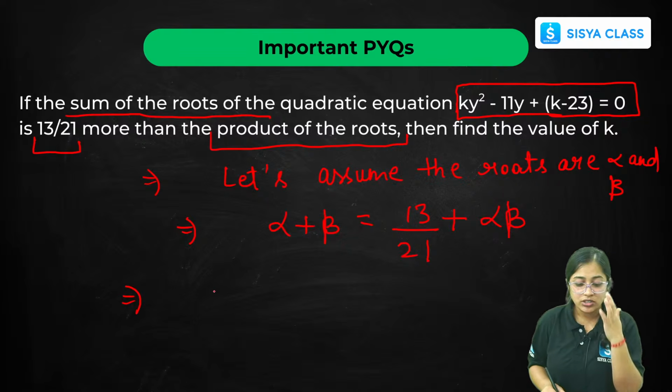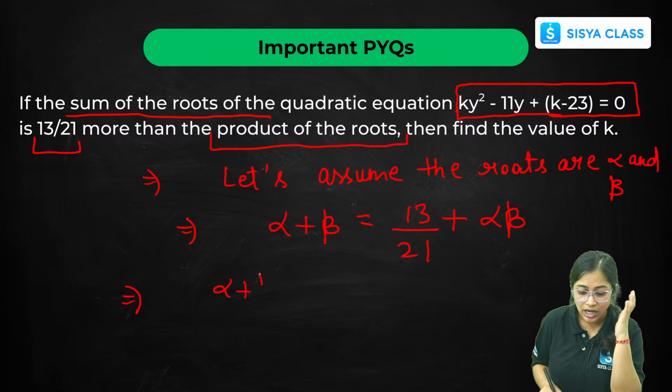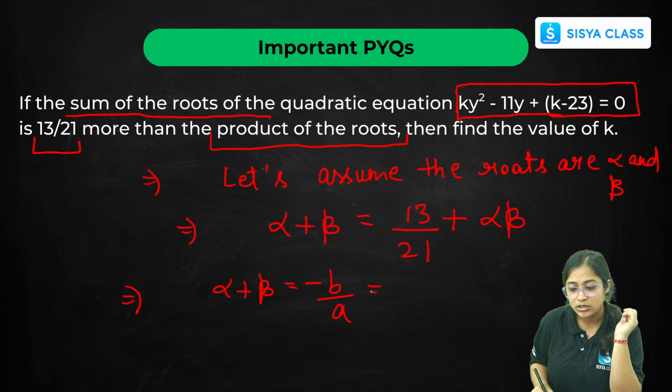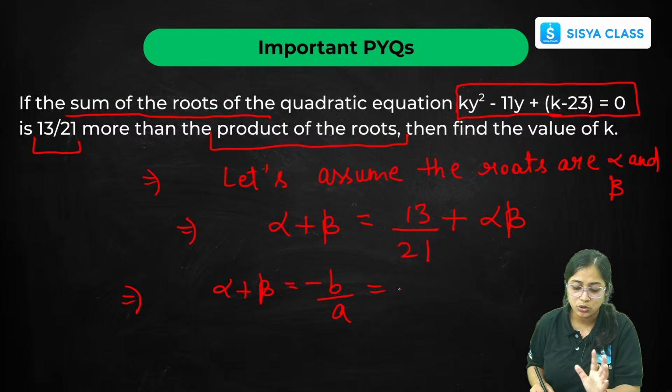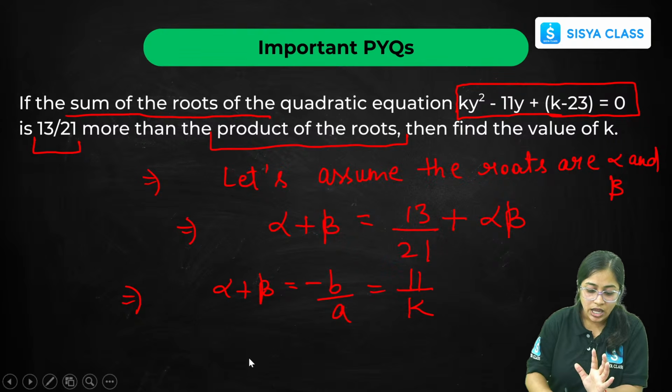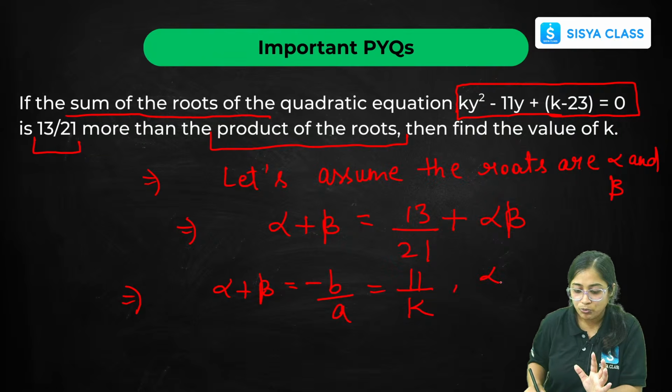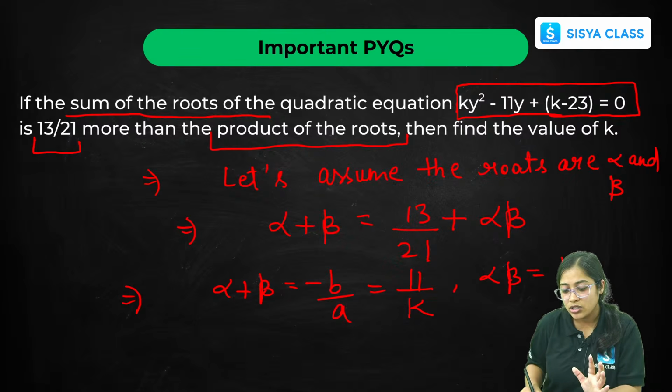Now from the equation we know that the sum of roots, alpha plus beta, is minus b upon a, right? So from the equation, what is the value of b? Minus 11, right? So substitute here, and you will get 11 upon k, that is the sum of roots. Now what is the product of roots here? Product of roots is c upon a, so this will be k minus 23 upon k.